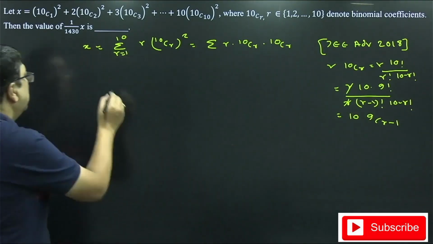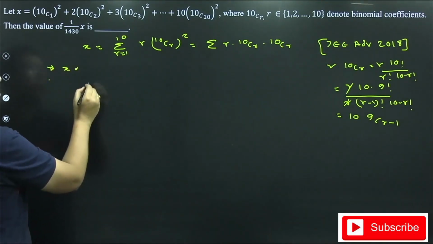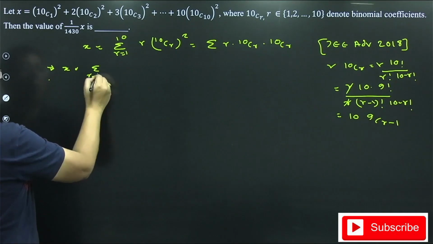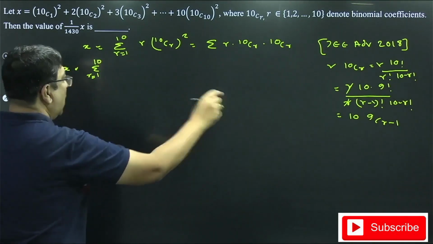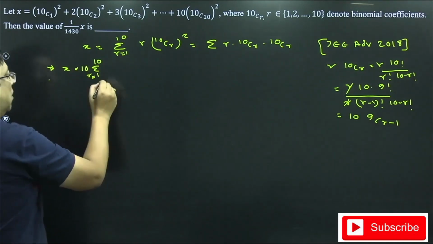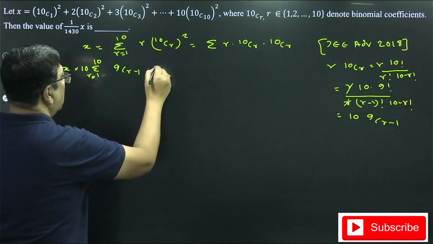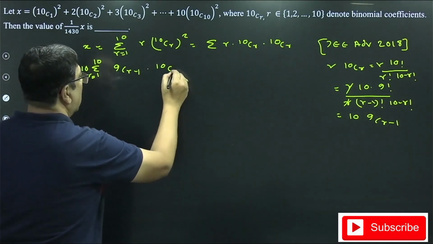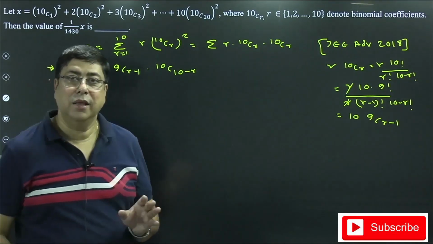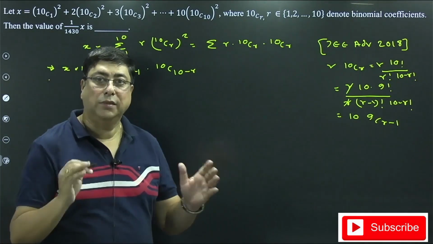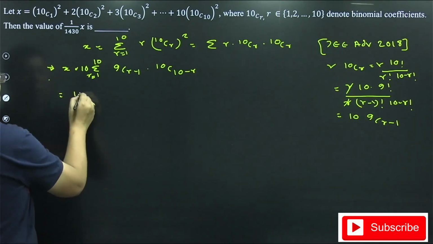So let us put here, therefore x equal to summation of r equal to 1 to 10, r into 10cr. We can write this as 10 outside, 9c r minus 1 into 10c 10 minus r, because we know that ncr equal to nc n minus r. And let us expand the series. We are getting here 10 outside.